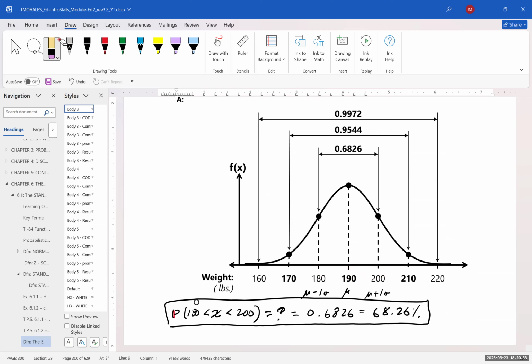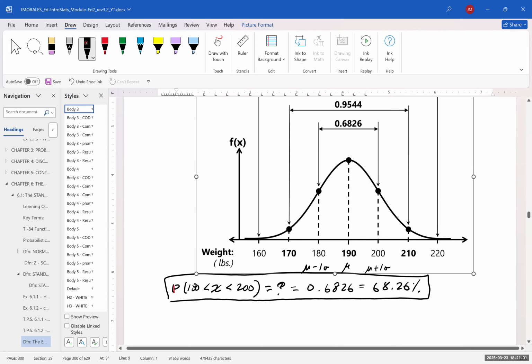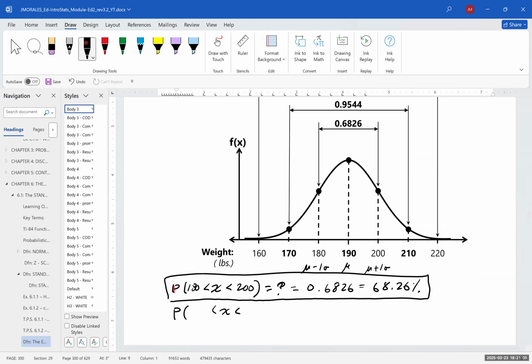Now, what would be the probability of randomly sampling an adult male that's between 210 pounds and 170? Well, 210 is 2 standard deviations above, and 170 is 2 standard deviations below.